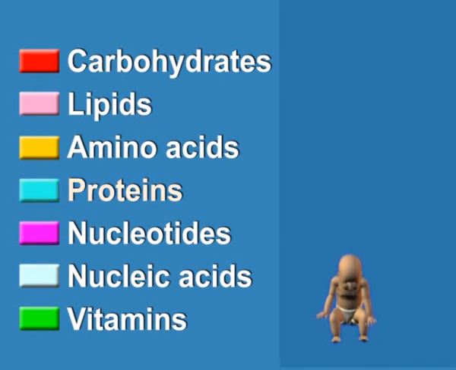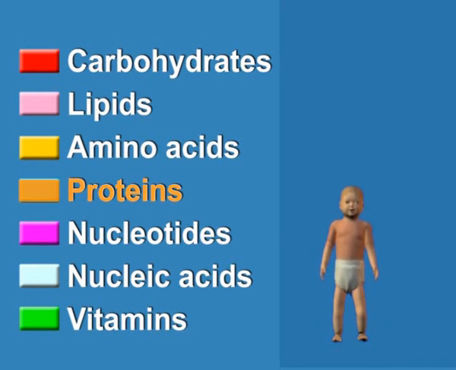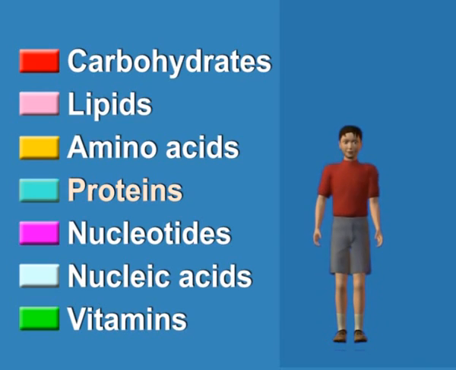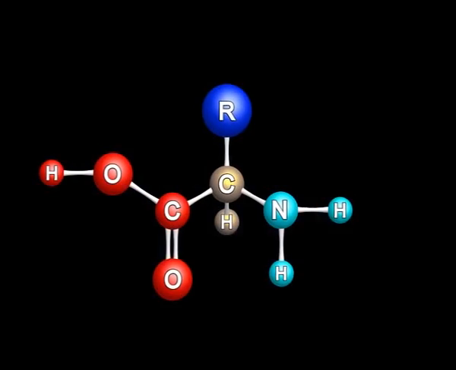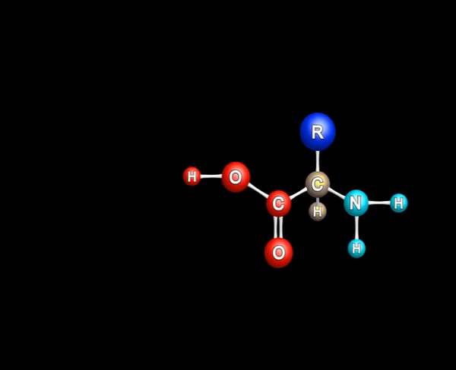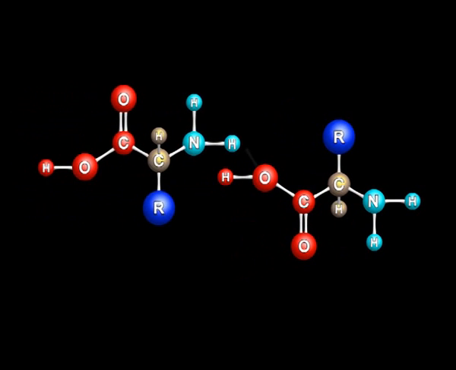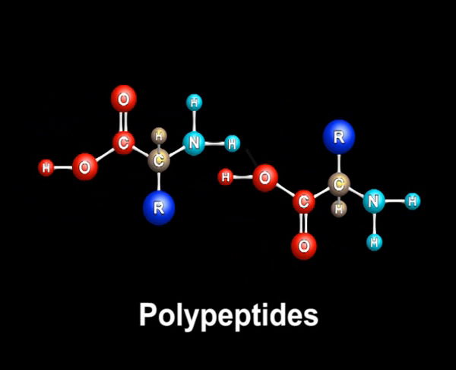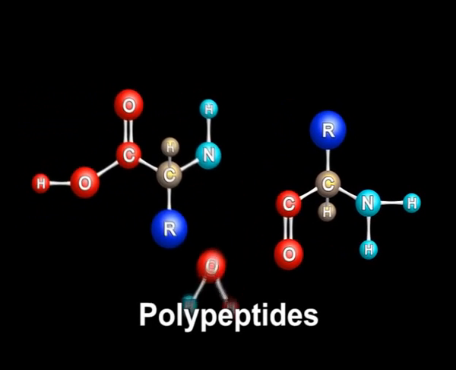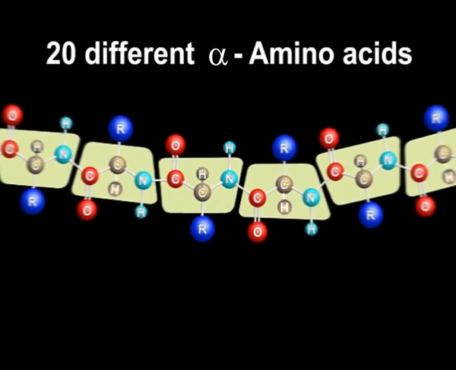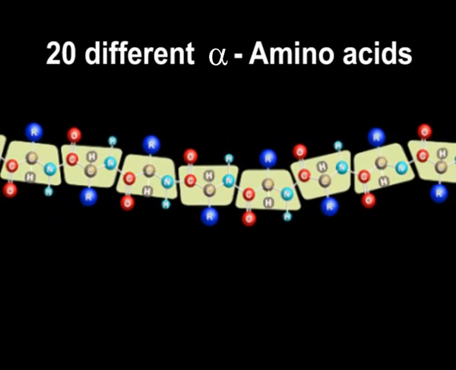Proteins are an important class of biological macromolecules present in organisms. All proteins are polymers of amino acids. Polymers are also known as polypeptides. They consist of a sequence of 20 different alpha amino acids.